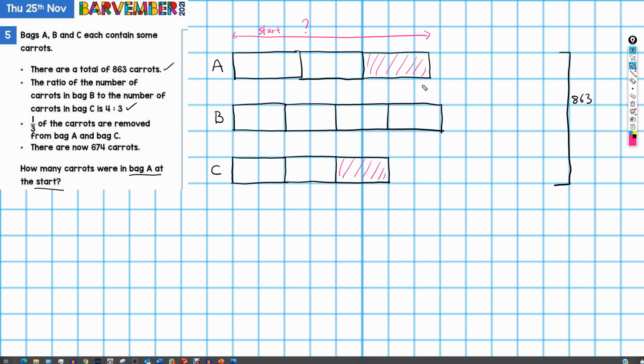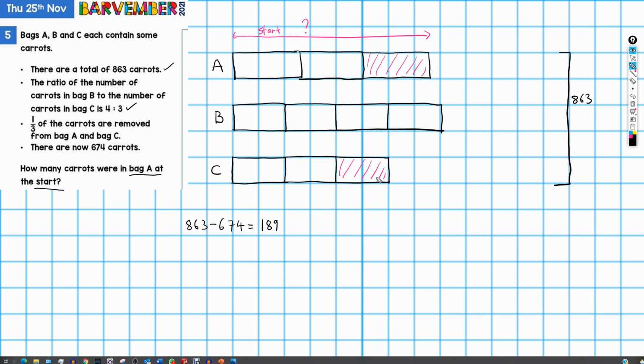Okay, so what happens when I take a third of A and a third of C? We are told that the new total is 674. So we need to calculate the difference. 863 take away 674 gives us 189.